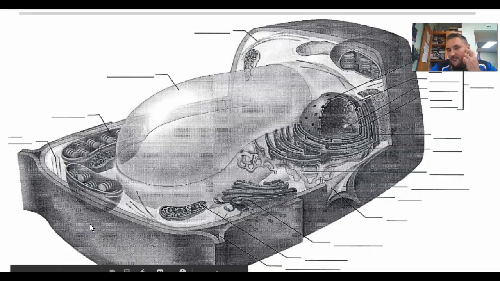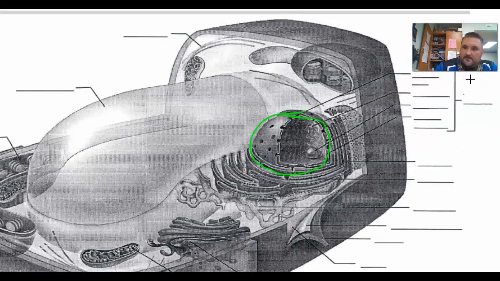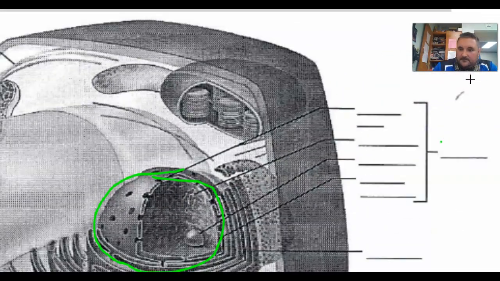On our plant cell, this is our nucleus. There's our nucleolus.